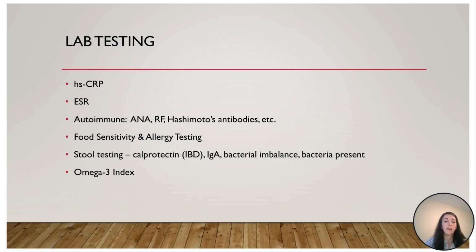And then autoimmune conditions, you might see signs of inflammation through tests like the ANA, rheumatoid factor, Hashimoto's antibodies, things like that. But not everybody needs those tested. Those would be if we think that somebody might have those conditions or conditions associated with those markers, we might be looking there for signs of inflammation.